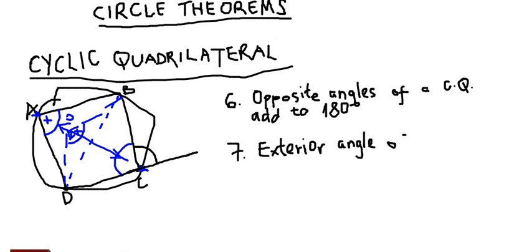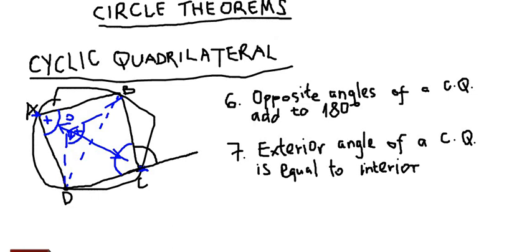The exterior angle of a cyclic quadrilateral, CQ, is equal to the interior opposite angle.